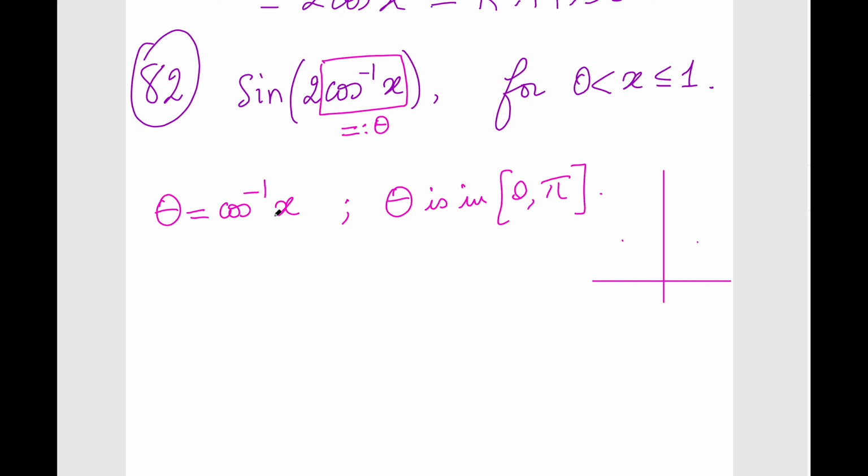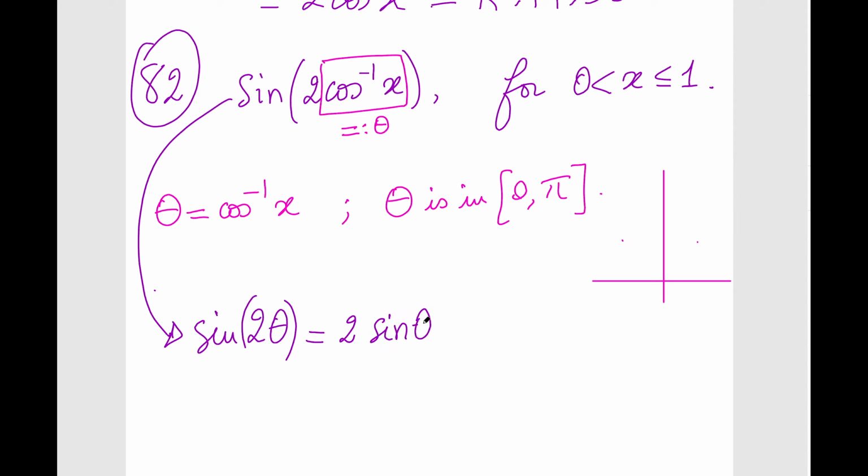Okay, and this now becomes sine of 2 theta, right? This is a sine acting on twice the angle, and if you appeal to the double angle formula for sine, you would get 2 times sine of theta times cosine of theta.